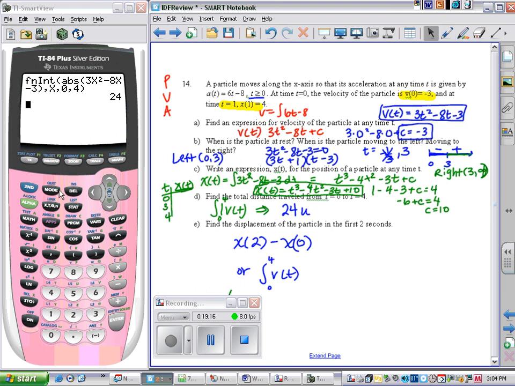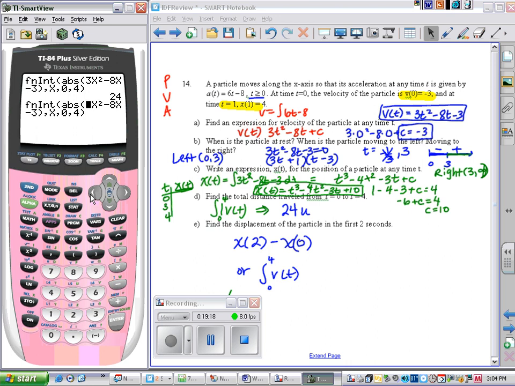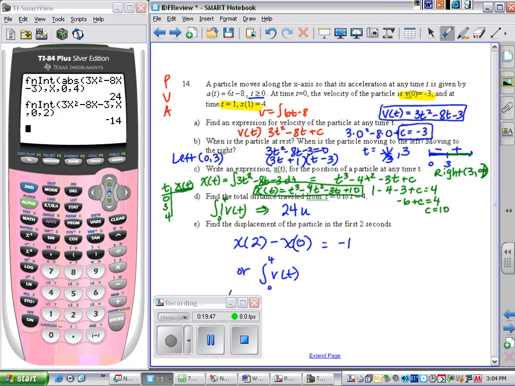So math 9, and then 3x squared minus 8x minus 3, comma x, comma 0, comma 2 this time. We get negative 14, which is its displacement. But really we're going to say positive 14 because it's talking about just the number of spaces between the two. So that should be it.